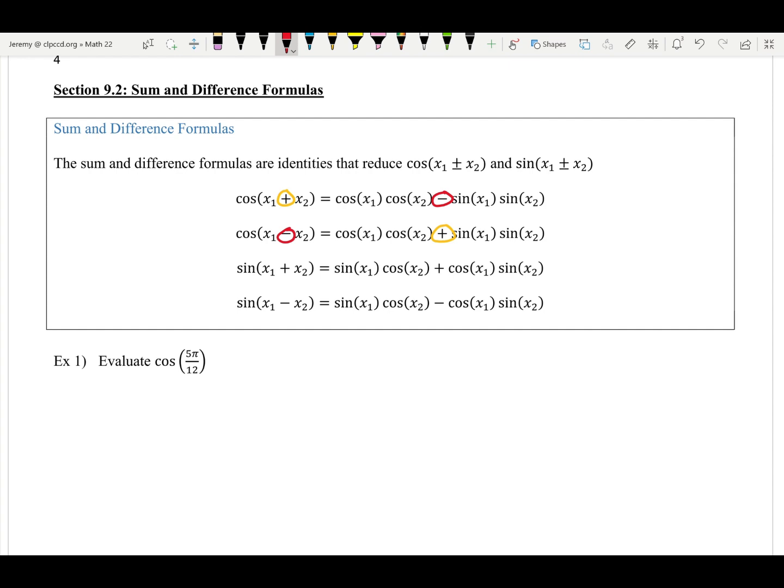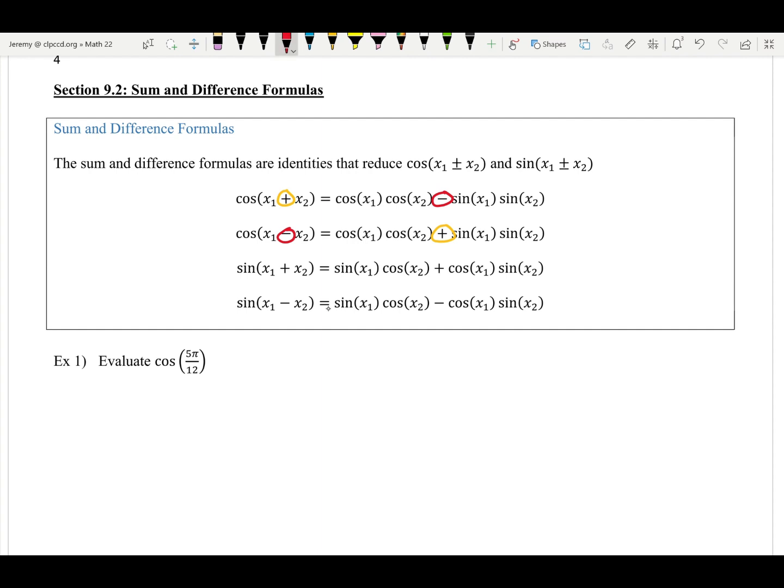Okay, and sine of x1 plus x2 is sine of x1 times cosine x2 plus cosine x1 times sine x2. So here we have sine, cosine plus cosine, sine, and notice that we're alternating those inputs, x1 and x2.